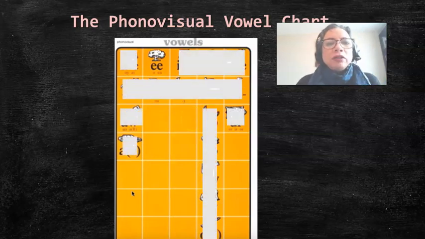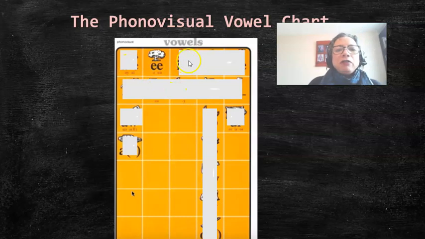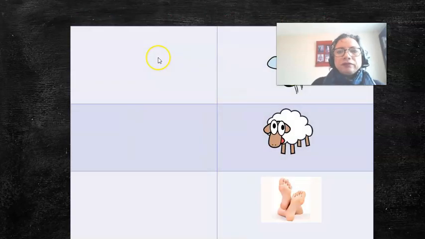Now if you notice, I have covered all the sounds. Why? Because as I said before, we're going to concentrate on the tree E sound. Let's take a look at some words that have this sound. For example, look at these three pictures, I am sure they look familiar to you, right?